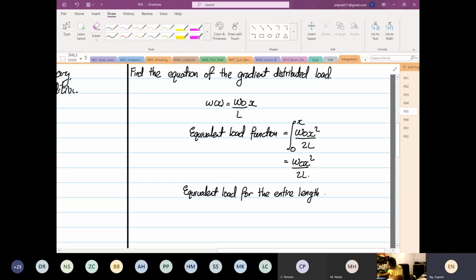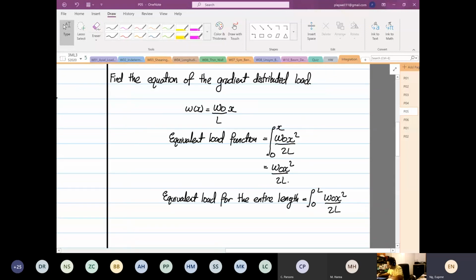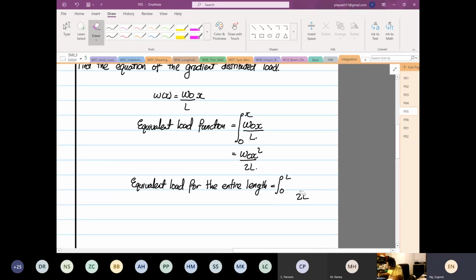So this will be equal to the integral from 0 up to L of omega naught x over L. I do apologize, this is omega naught x over L, so we get omega naught x squared over 2L.